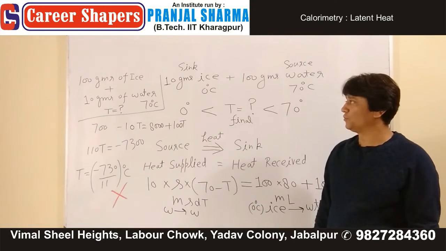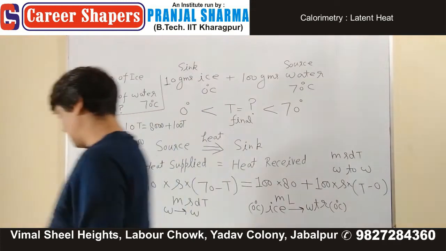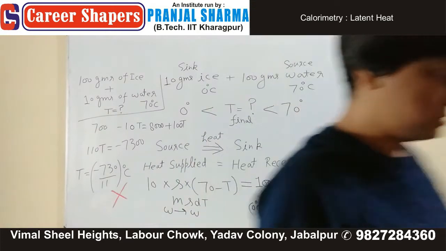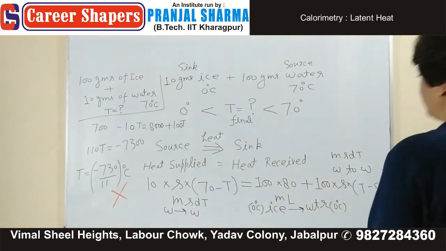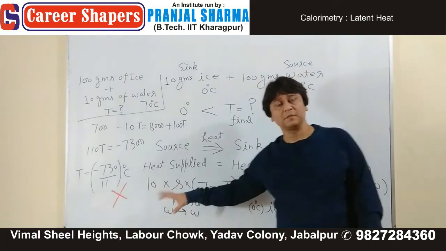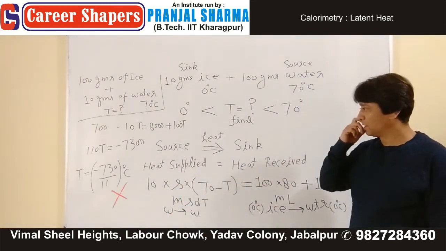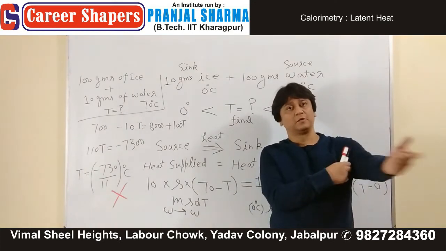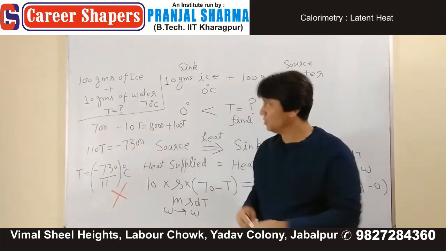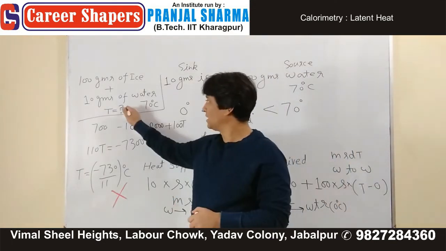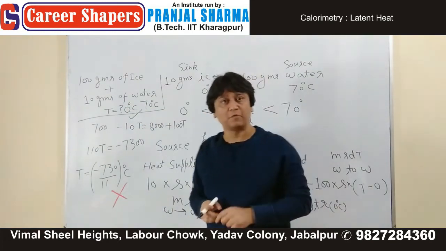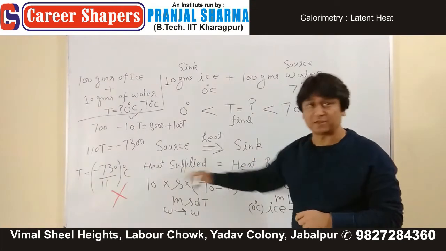Let me repeat my statement. अपने पास इतनी हीट नहीं है, बहुत सही, गुड. अपने पास इतनी एनर्जी नहीं है कि हम इस आइस को मेल्ट कर सकें. That means what? Ice is present. And if ice is present, then what is the temperature? 0. So you may immediately get to know that the answer is 0 degrees Celsius.